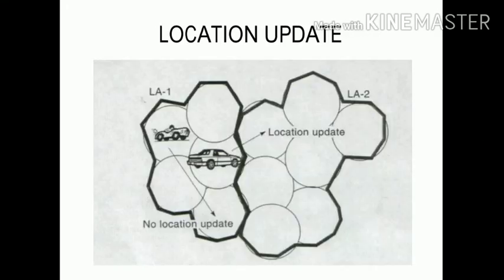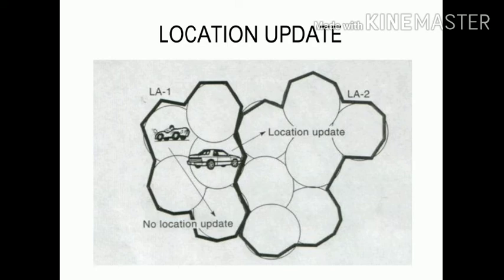Now the location update is when the mobile moves from one location area to a cell in a different location area, it shall perform a location update to inform the network operator about its new location. By monitoring the beacon signal from the base station, the mobile senses the new location area and sends a registration update request, containing the mobile identity number, to the base station of the current cell.